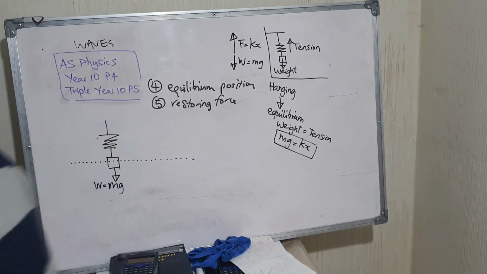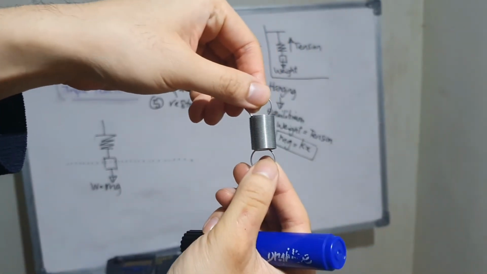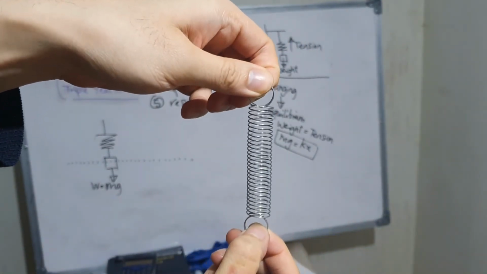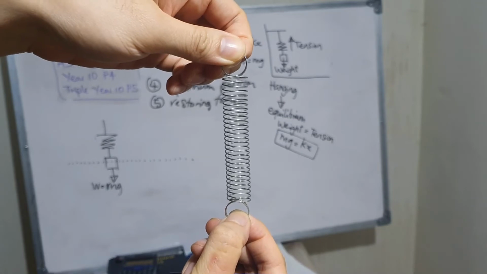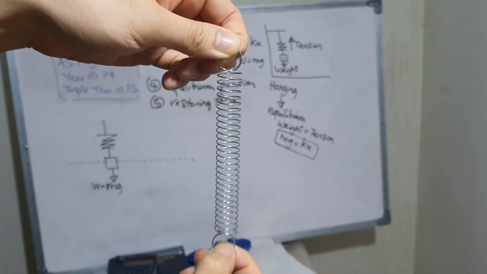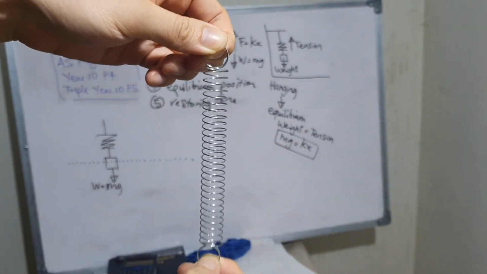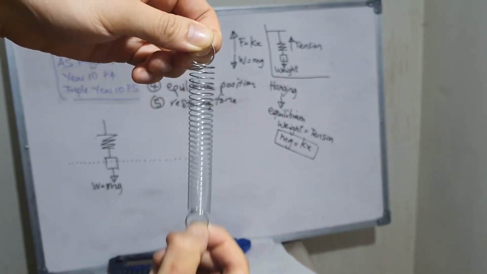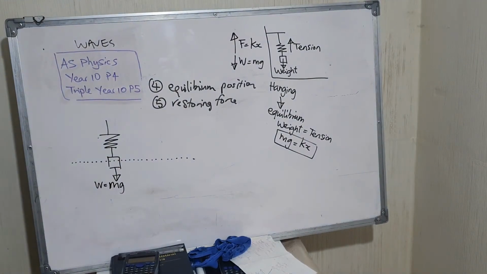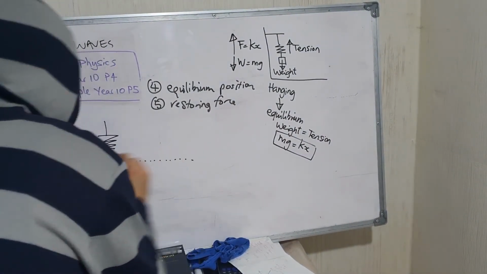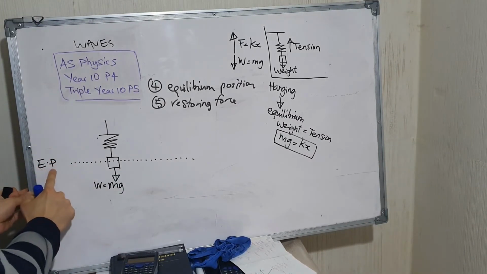So this is the spring, and you've let the mass hang down. Once you've let it go, it moves up, goes down, goes up past the equilibrium position, goes back down, and so it will oscillate. So this is the equilibrium position.